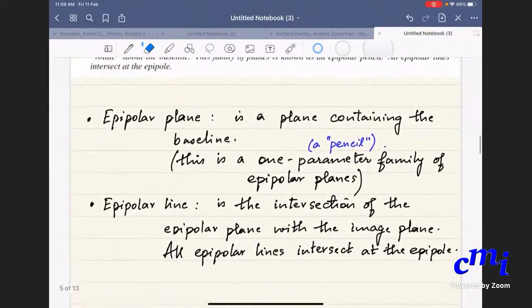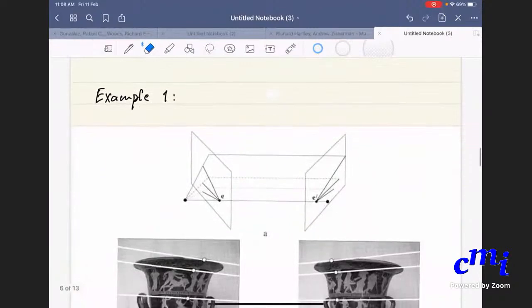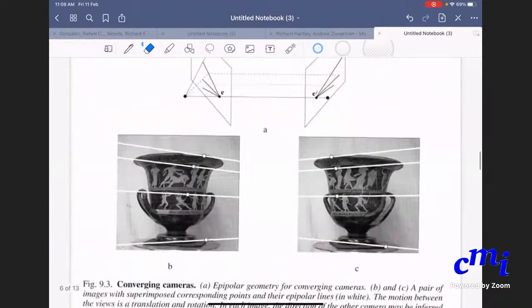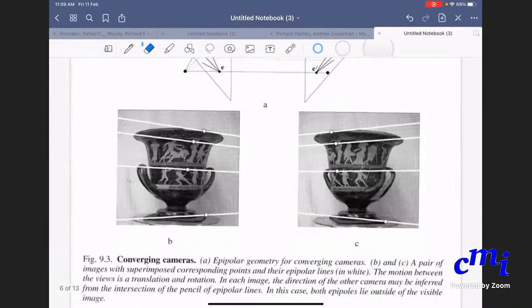So this is a point to remember, that any epipolar plane gives rise to a pair of corresponding epipolar lines. Now here are some picture examples of epipolar lines and epipolar points. In whatever images we are seeing, the epipolar points will not be visible, because these lines meet at infinity, or somewhere outside the image.